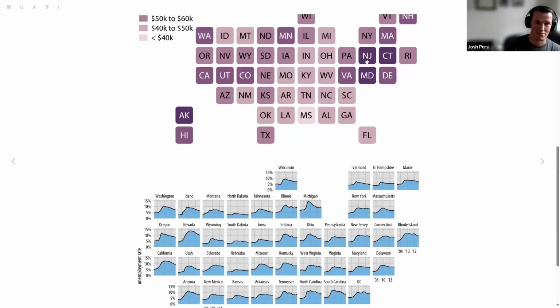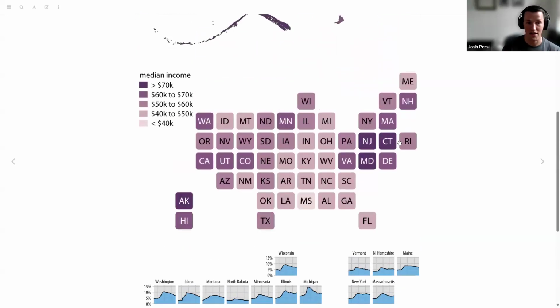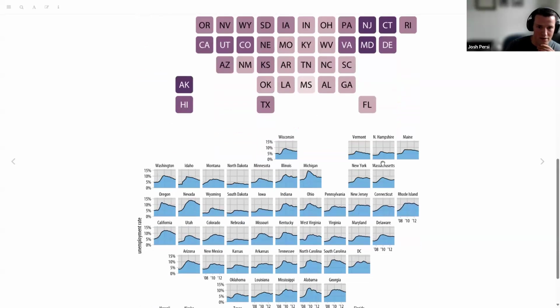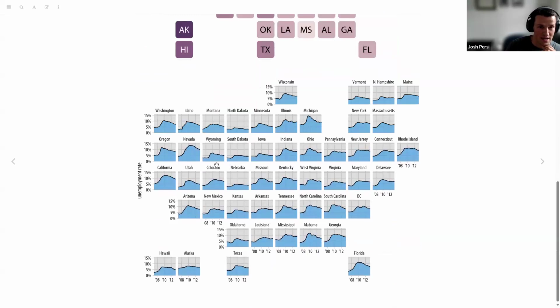Like, I don't know much about New Jersey, Maryland, Connecticut at all, but they all seem to have higher median income, and maybe someone with more knowledge of the states can be like, oh yes, those all share this attribute, which explains their higher median income. And you can do that to an extent here, but it's still hard to process this many facets, at least for me.